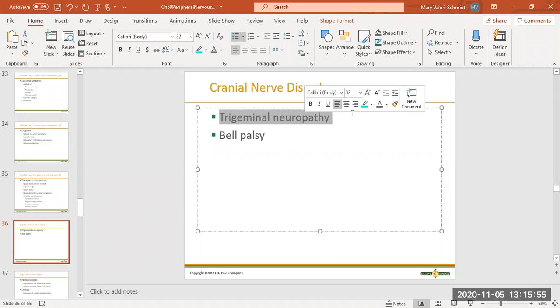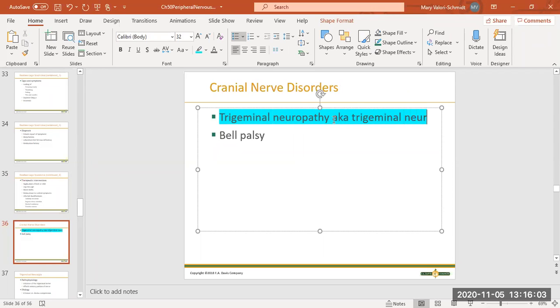Trigeminal neuropathy, which is also called, right, I'm going to put AKA, trigeminal neuralgia. When you see algia at the end, we're talking about pain, discomfort. And so neuralgia, pain, discomfort of the nerves, right? Trigeminal has to do with 3 of the cranial nerves.